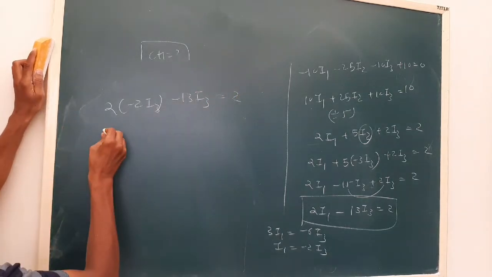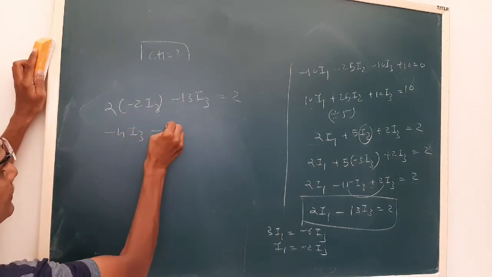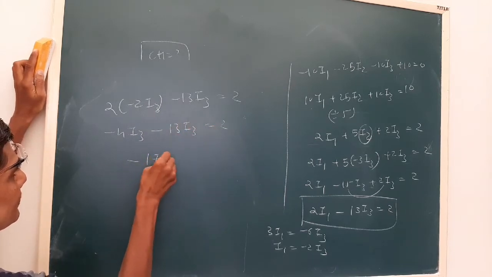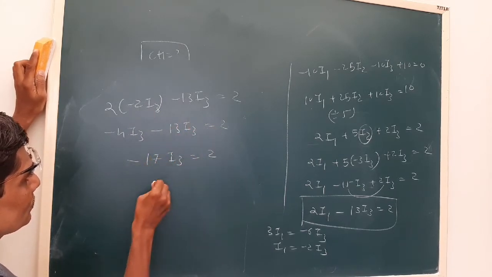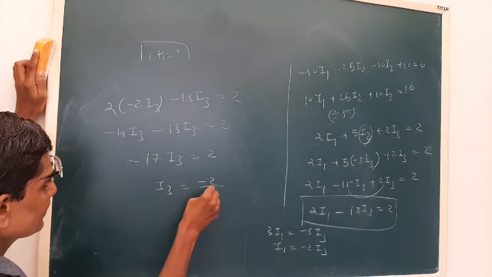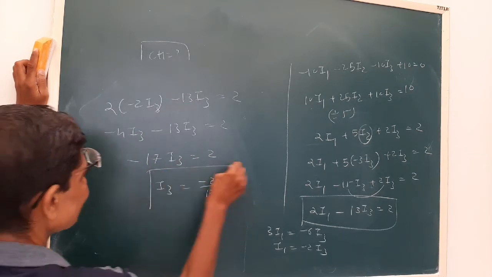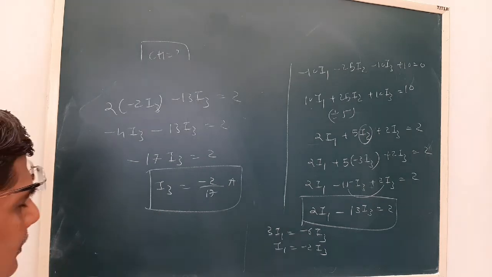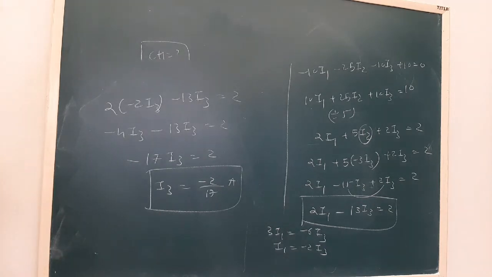That is minus 4I3, 13I3, minus 17I3 is 2, so I3 is minus 2 by 17. See, what is the meaning of minus 2 by 17? Whatever direction we had assumed is wrong. We had assumed the current in the BD direction, but it will be in the DB direction.